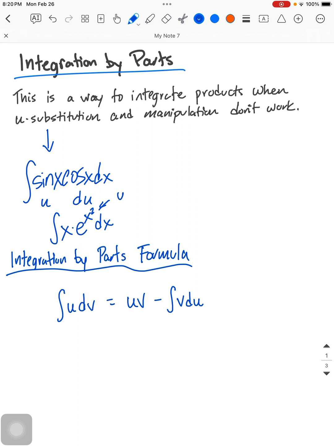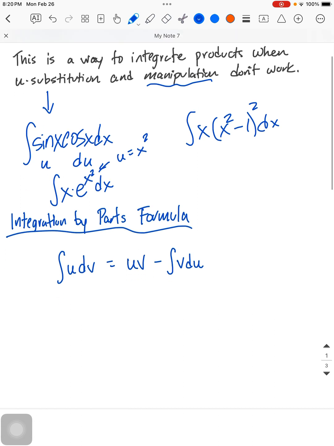Again, if you choose u as x squared, you've got a strategy. What I mean by manipulation is if you have some product like this, you could FOIL it out, expand it out, and then take the integral of each term separately. So integration by parts is going to be when those techniques don't work.